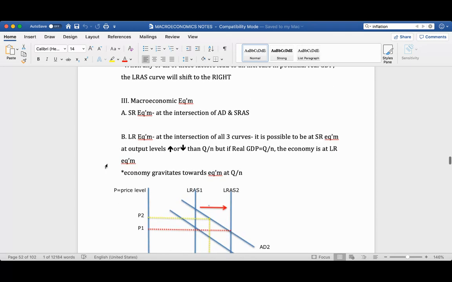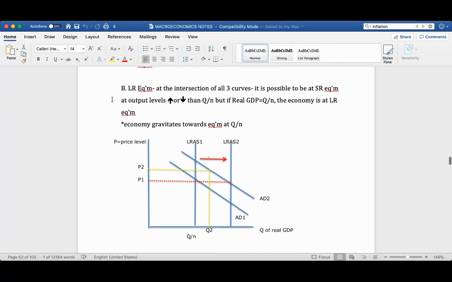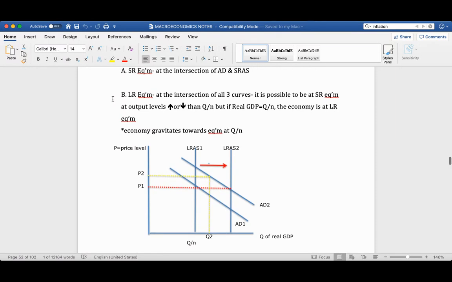So now we're going to talk about macro equilibrium. So short run versus long run. If we're talking about short run equilibrium, that will be where aggregate demand and short run aggregate supply intersect. But long run will be where all three curves, short run aggregate supply, aggregate demand, and long run aggregate supply, intersect.